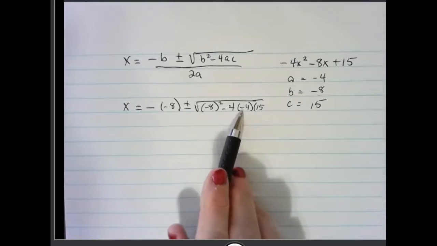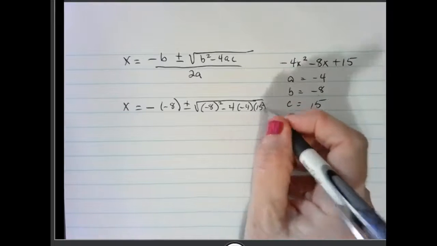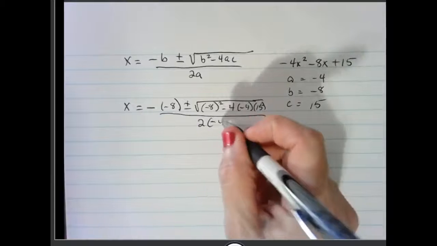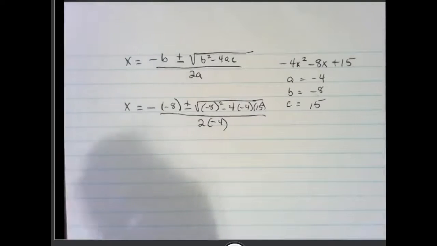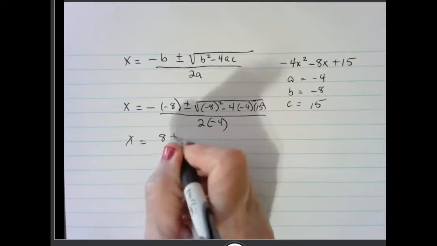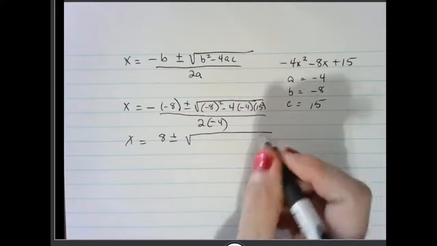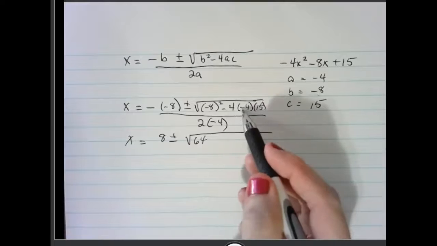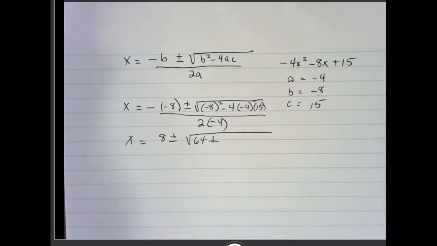Okay, so I'm just plugging in my a, my c, all over 2 times a. Okay, and now we just need to, negative and a negative is a positive. Square root, -8 times -8 is 64. Negative on negative is going to give me a positive.